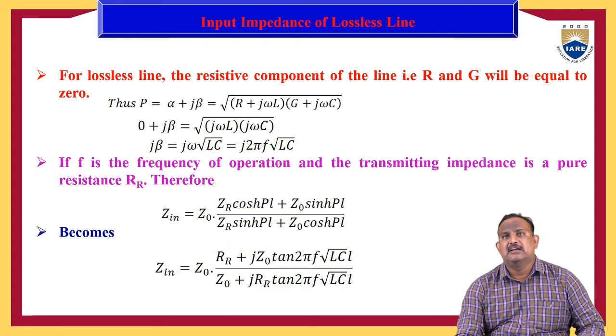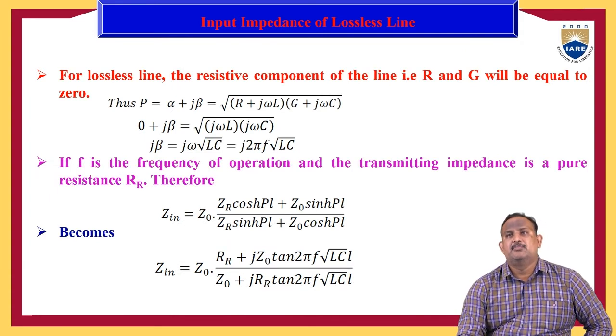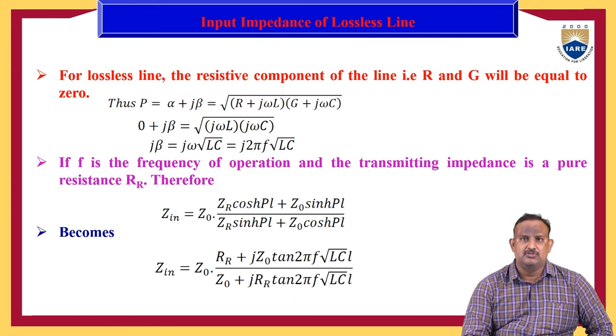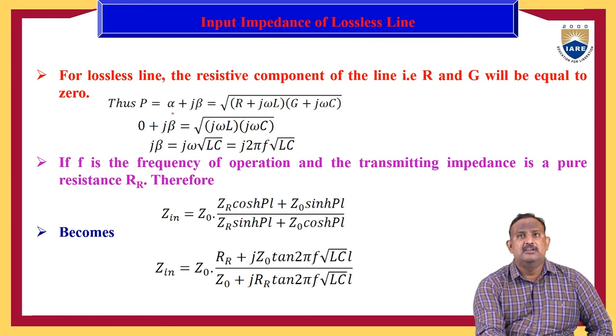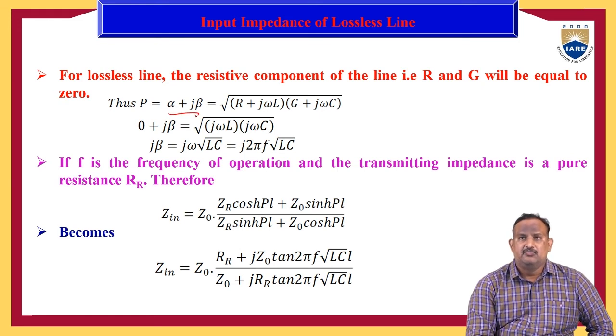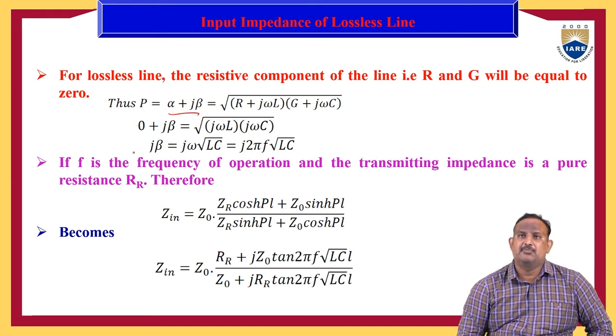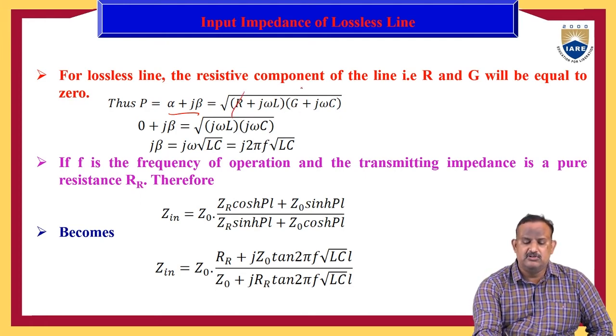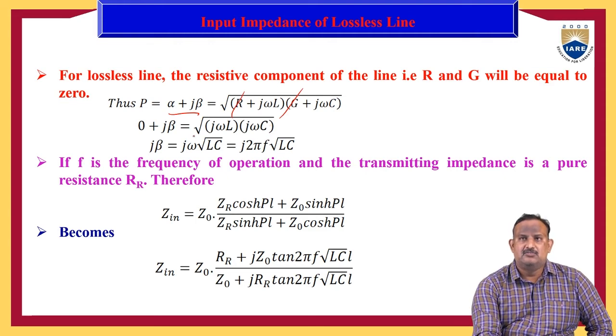For a lossless line, the resistive component of the line R and the conductance G are both equal to 0. Therefore, we can substitute in P equal to alpha plus J beta. We know that P is the propagation constant, which is equal to root of (R plus J omega L) into (G plus J omega C). If you substitute R equal to 0 and G equal to 0, we have J beta equal to root of J omega L into J omega C, which is J omega into root LC.